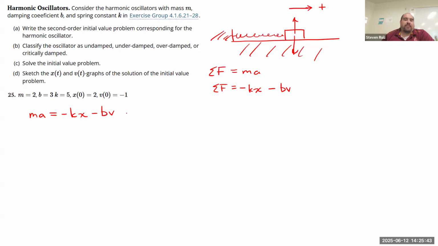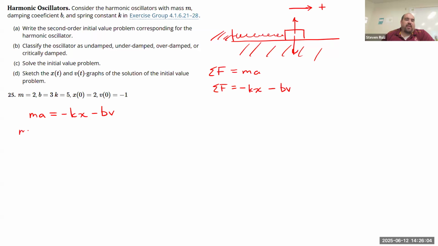So that's position. What's velocity? Velocity is a rate of change of position over time. And what's acceleration? That's a rate of change of velocity over time, or the second derivative of position with respect to time.